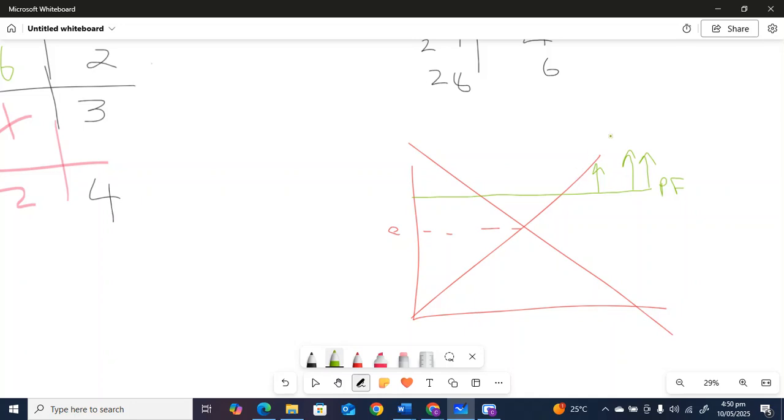So when a price floor is enacted, are you going to have a surplus or a shortage?